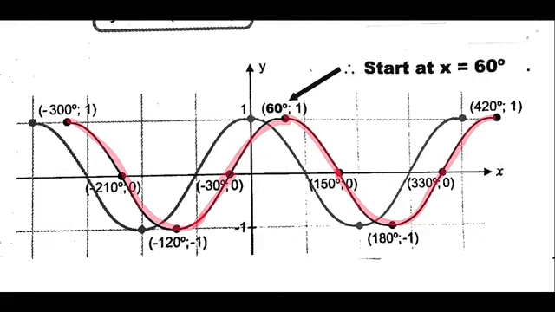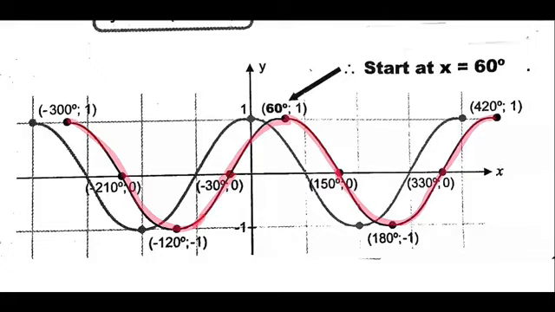As you go down, the second turning point is at 180 degree, and the y value is negative 1, and so on. You can look at the left hand side as well. After 360 degree, the graph starts repeating. So that's the logic: x value 60 degree, y value 1.